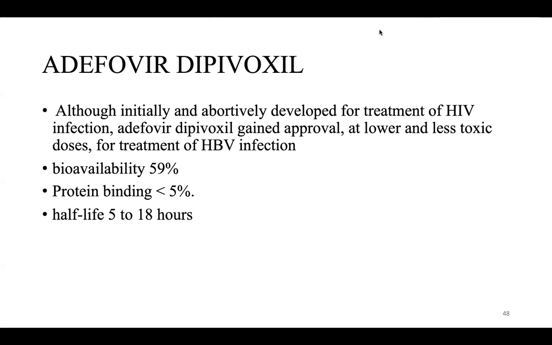It's phosphorylated by cellular kinases to the active diphosphate metabolite, which competitively inhibits hepatitis B virus DNA polymerase and causes chain termination after incorporation into viral DNA.